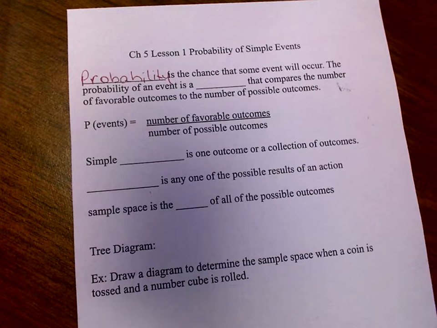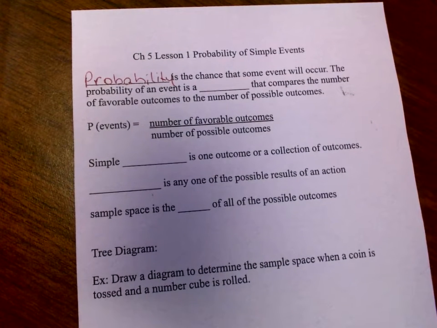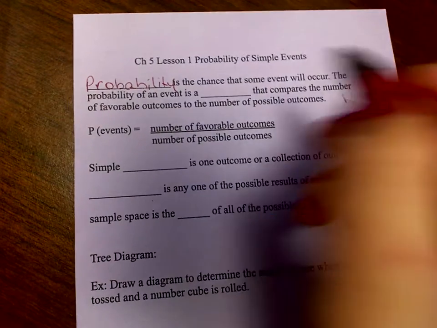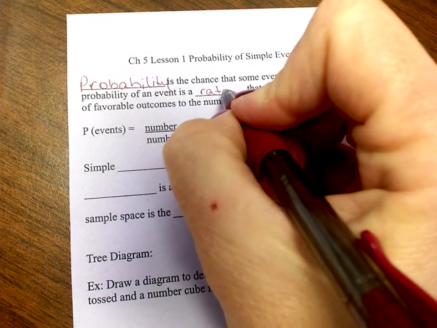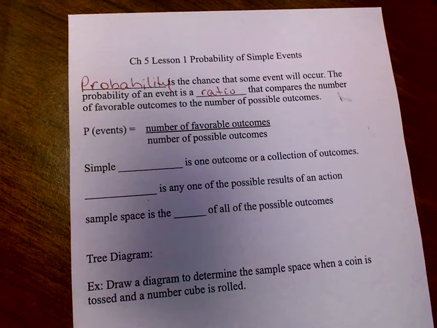Probability is the chance that some event will occur. The probability of an event is a ratio that compares the number of favorable outcomes to the number of possible outcomes. So when we talked about fractions, remember we talked about parts of the whole.